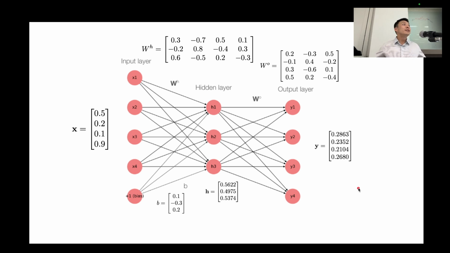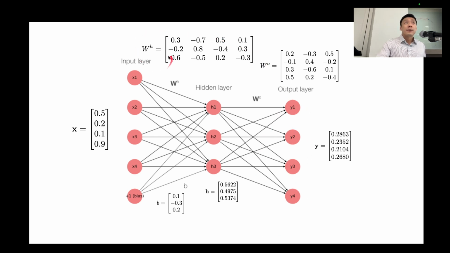All right, so this is the entire model, okay? So the model will have how many parameters? We have this as a parameter, right? WH, because the connection is between the input layer and the hidden layer, and WO, which is the connections between the hidden layer and the output layer. And this is the bias term, also need to be trained. But for the output layer, I leave out the bias factor, but you can add that in as well.